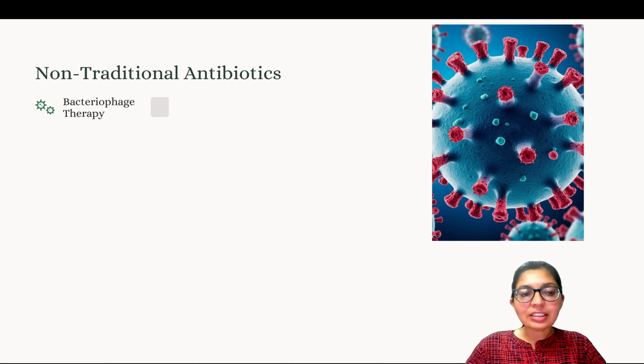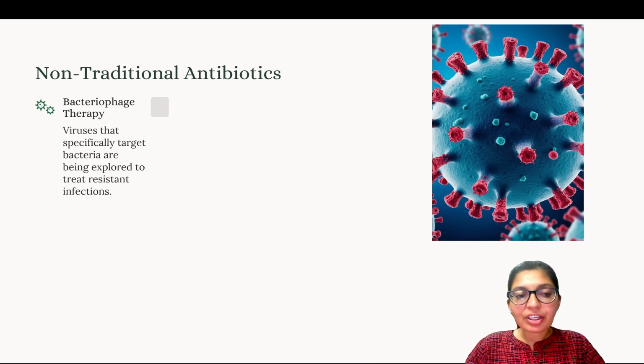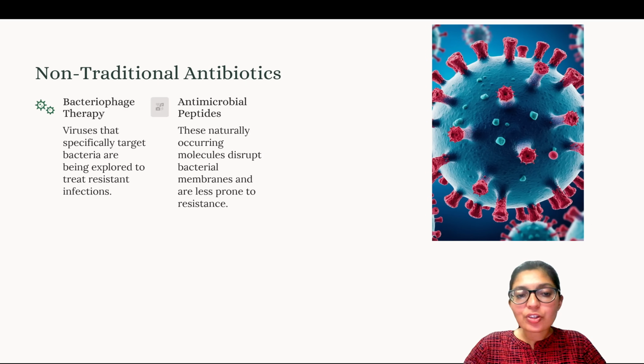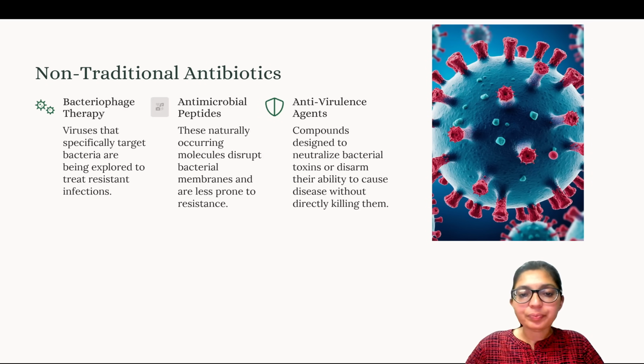Non-traditional antibiotics. Bacteriophage therapy. Viruses that specifically target bacteria are being explored to treat resistant infections. Antimicrobial peptides. These naturally occurring molecules disrupt bacterial membranes and are less prone to resistance. Antivirulence agents.